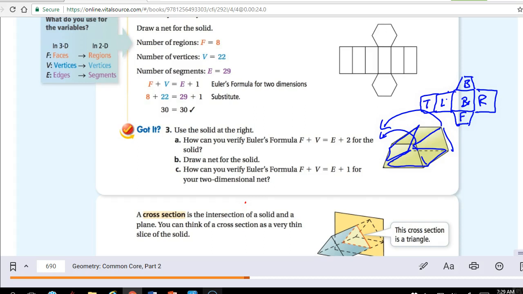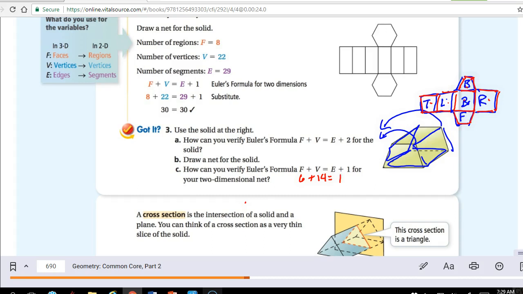And when you do, again, when you count these, you're going to have 1, 2, 3, 4, 5, 6 faces. Vertices, you're going to have 1, 2, 3, and so on up to 14, so you're going to end up with 14 vertices. The edges, 1, 2, 3, and so on up to 19.